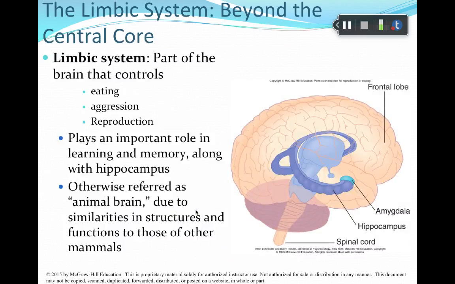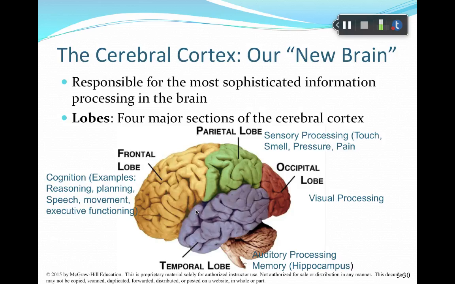So one more point is that fear, aggression, memory, it all ties together. So if we think about the vets who have PTSD, it makes sense because they have an emotion associated with a memory, and so that's activating their limbic system.